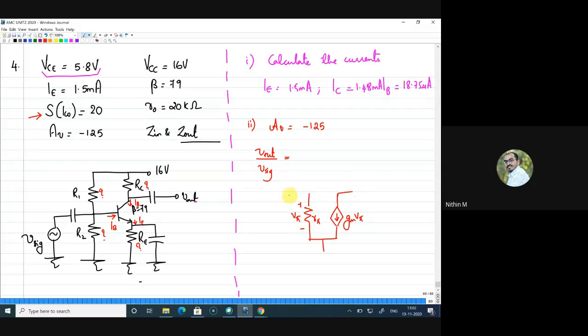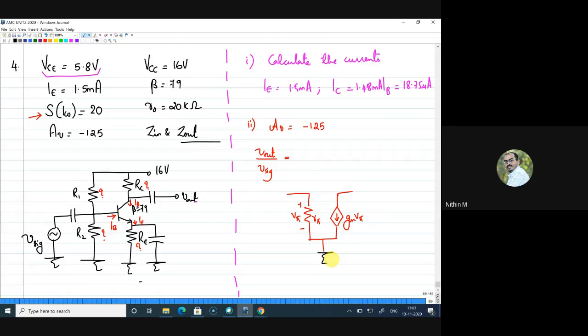Now I need to add the components as per the circuit diagram. So at emitter, Mona, are you there? Yes, sir. So at emitter, what happens to the emitter terminal? RE, but will RE be there? No, because the capacitor is there. Yes, thank you, Mona.